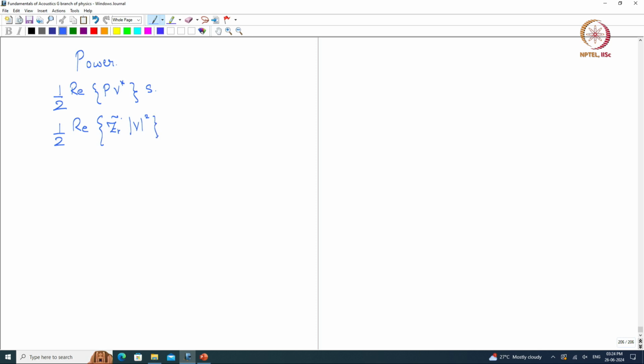So this is mechanical units, so we don't need any more area. Now we have the sphere. Sphere has Z tilde R given by j omega rho 0 by 1 plus j k a into 4 pi a cube.